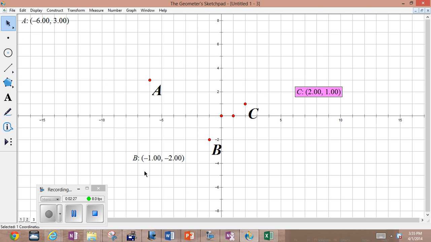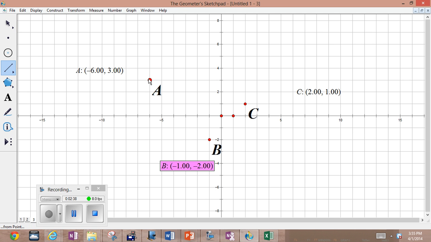Here are my points plotted: there's (-6, 3), there's (-1, -2), and there's (2, 1). And there is a triangle that contains those three points, and that is supposedly a right triangle. I can see that it's a right triangle, and I can validate that it's a right triangle right here.